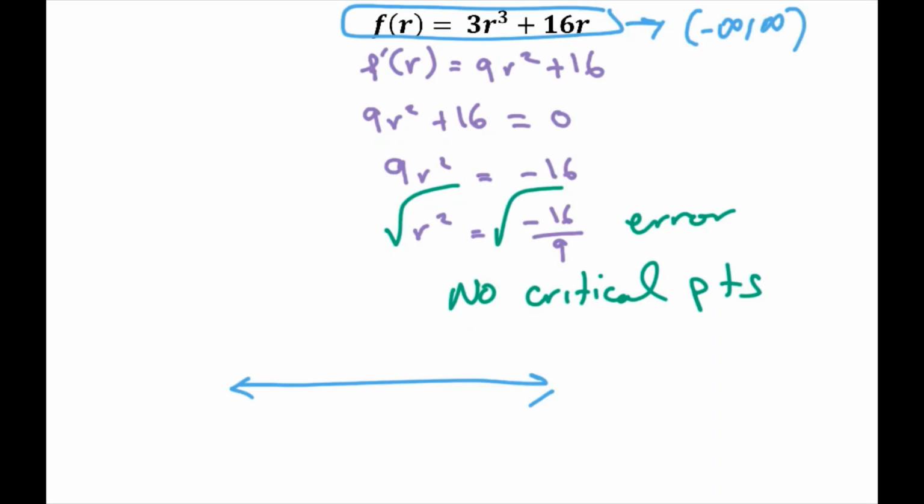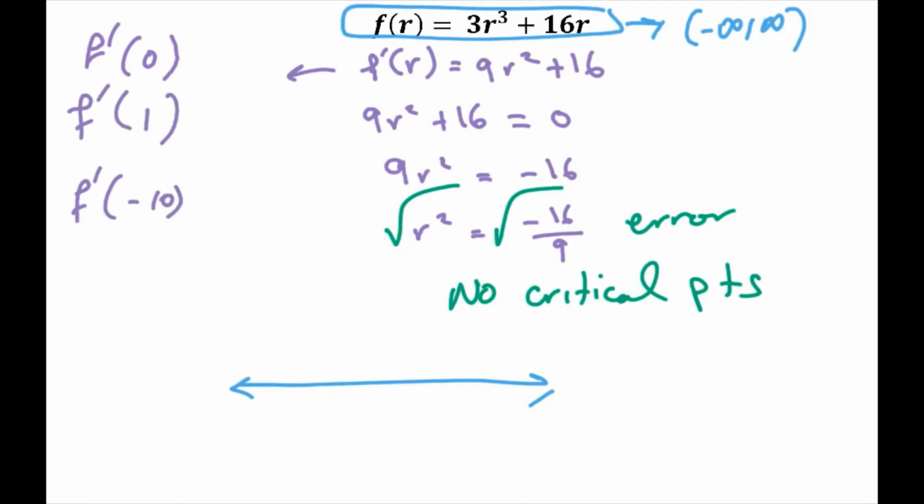You can take anything and substitute in f prime, let's say of 0, or f prime of 1, or maybe f prime of negative 100 or negative 10, you will always get a positive answer, always.